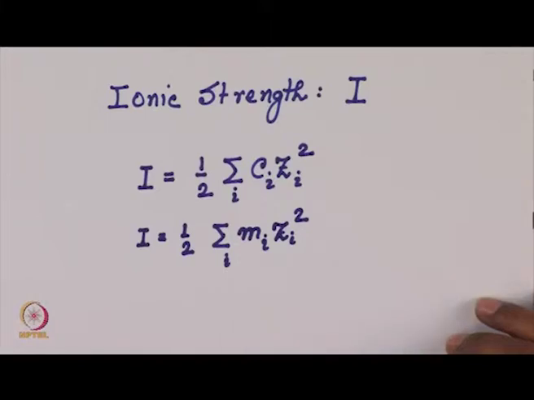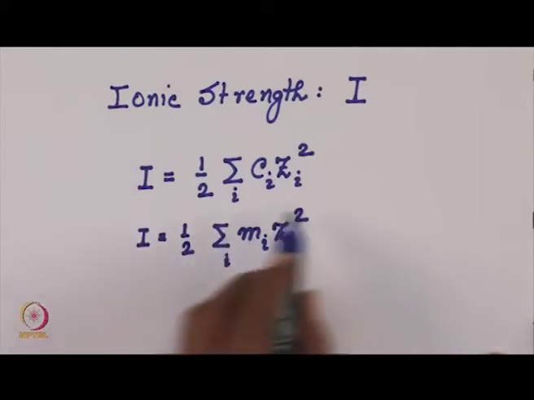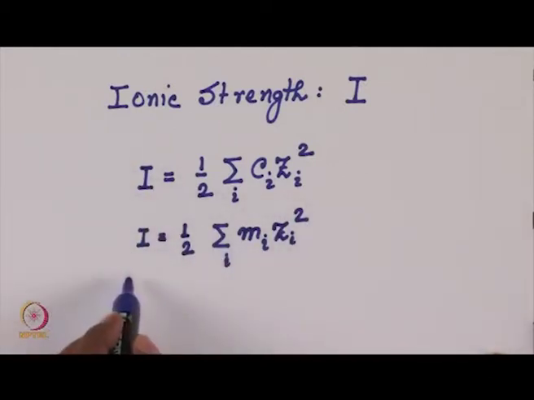What I have been discussing is that if I add sodium chloride in solution, I can say that the concentration of sodium chloride is this, or I can also express it in terms of ionic strength. But a word of caution over here. When you talk about ionic strength, let us take a look at the definition of ionic strength given over here.